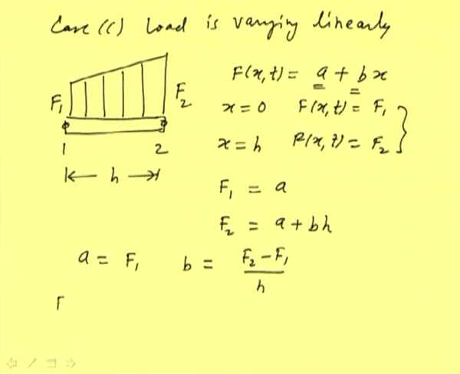So the force which is varying linearly can be written as F1 plus (F2 minus F1) by h times x, which can be simplified as f(x,t) for the element equal to F1 plus (F2 minus F1) by h x.